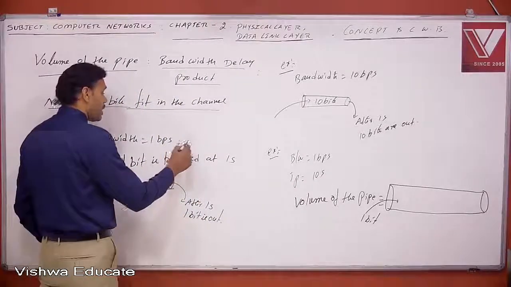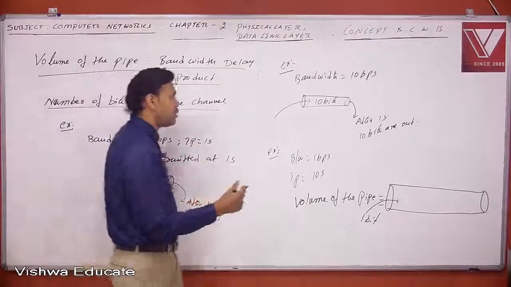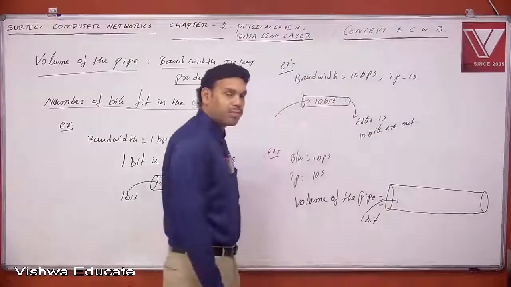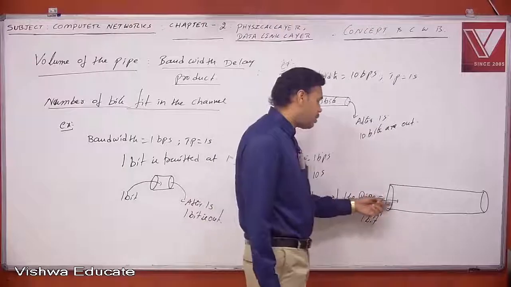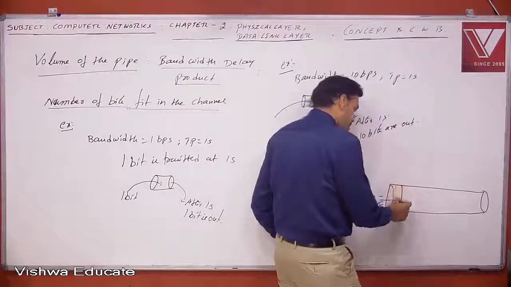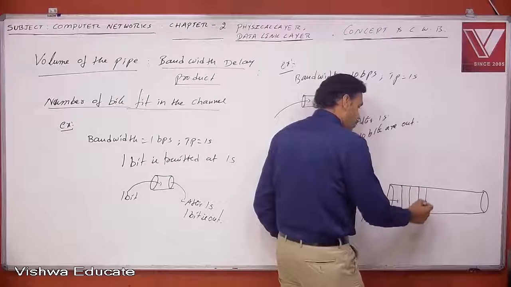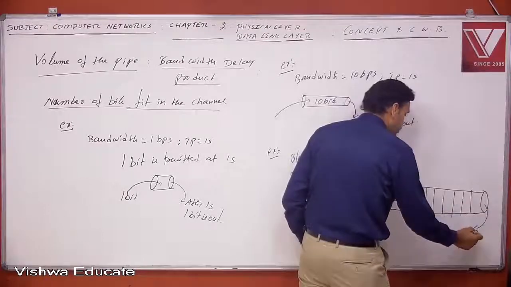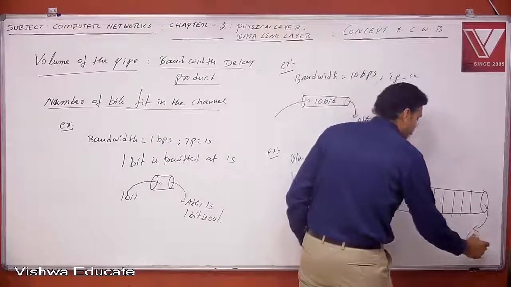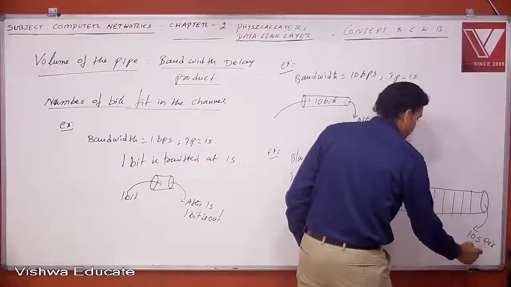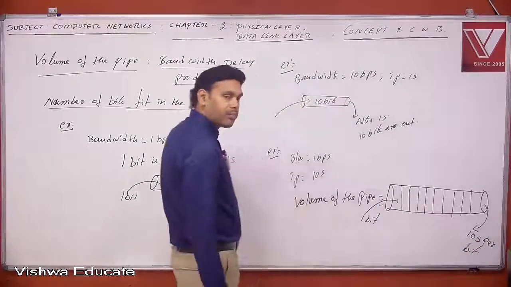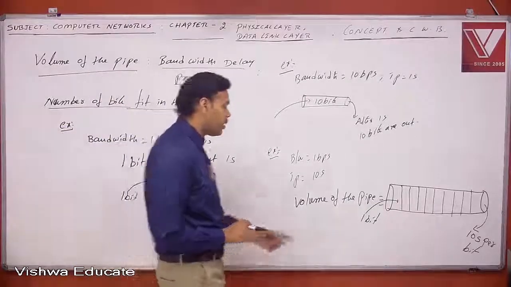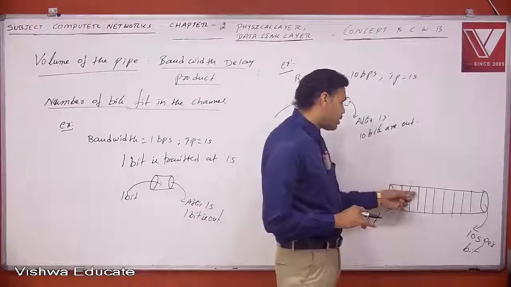So I will give TP is equal to 1 second. Now you see, 1 bit I have injected. How much time does this bit take to come out of the channel? 10 seconds per bit. Therefore, the length of the pipe is increased. Why? This bit is carried forward.